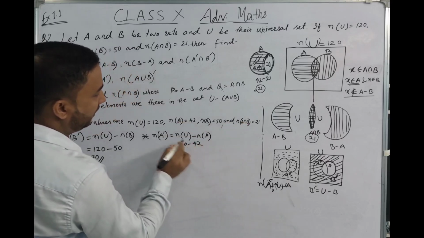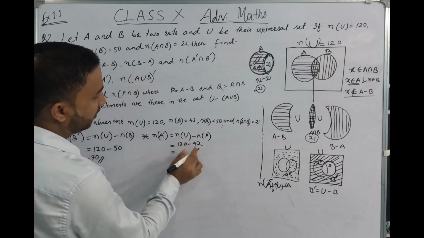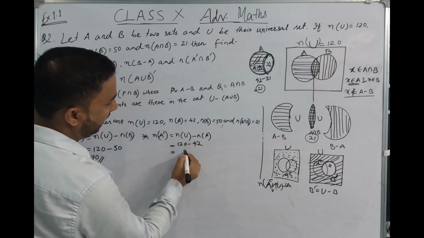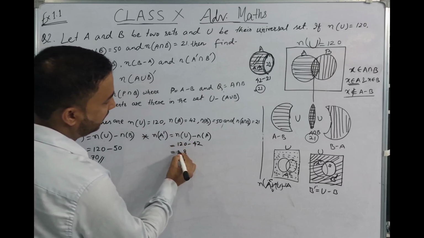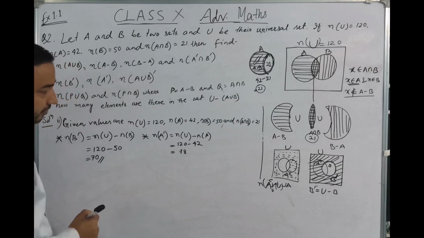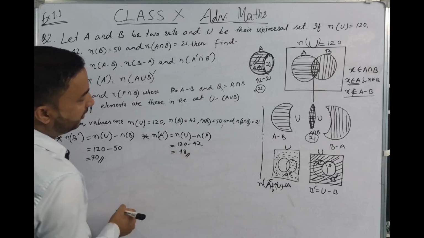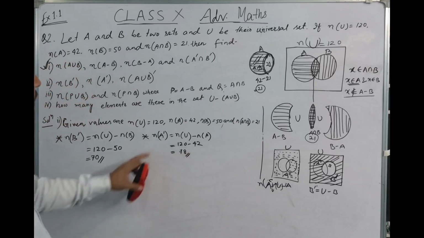It is given as 120 here. So 120 minus 42 is 78. So 78 is the number of elements in the set A complement.